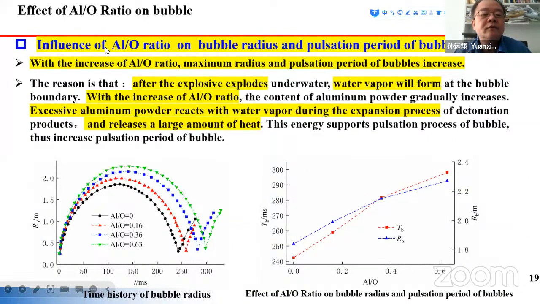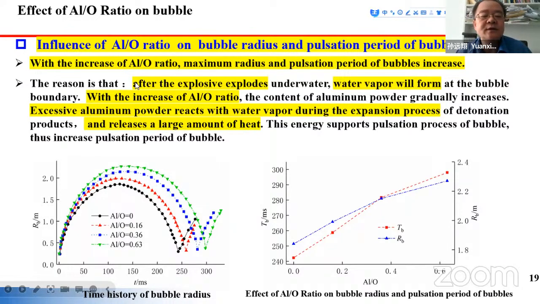Here is the influence of the ratio on the bubble radius and the pulsation period of bubbles. With the increase of the ratio, the maximum bubble radius and the pulsation period of the bubble increase.